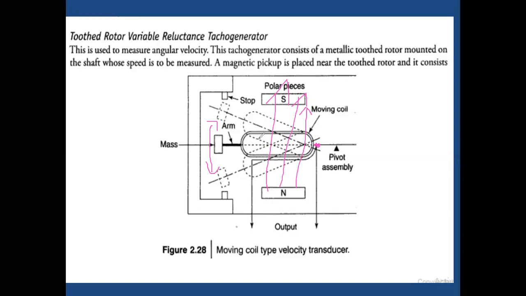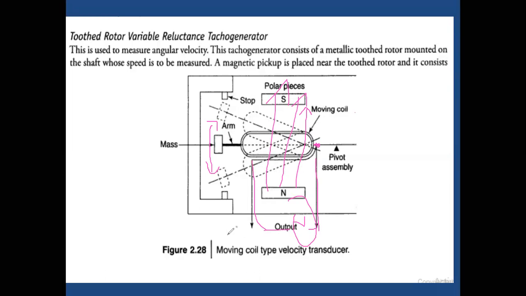Whenever the moving coil cuts this magnetic flux, obviously there will be EMF induced within the circuit. This EMF is obtained by a separate voltmeter, from which we obtain how much EMF is induced within the circuit. This is the example for the moving coil type.